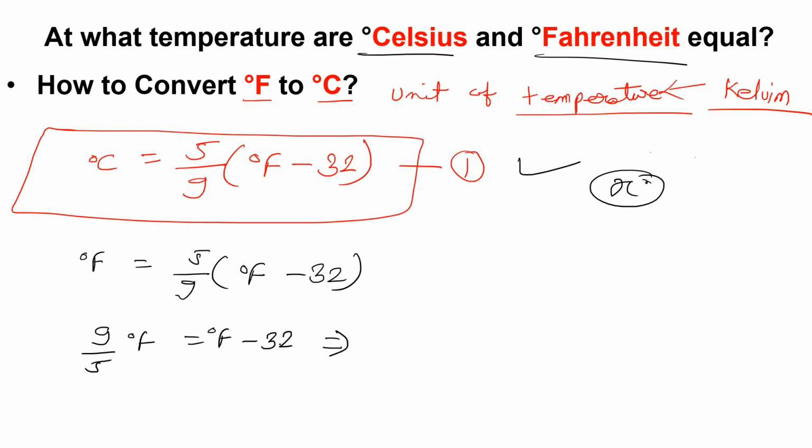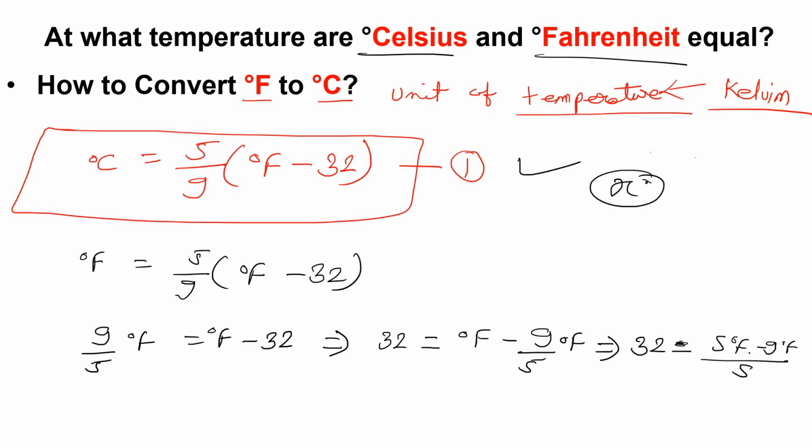Now if you rearrange the equation, you will find that 32 is equal to F minus 9/5 F. Now just do the calculation: 32 is equal to (5F minus 9F) divided by 5, so 32 is equal to minus 4F divided by 5.